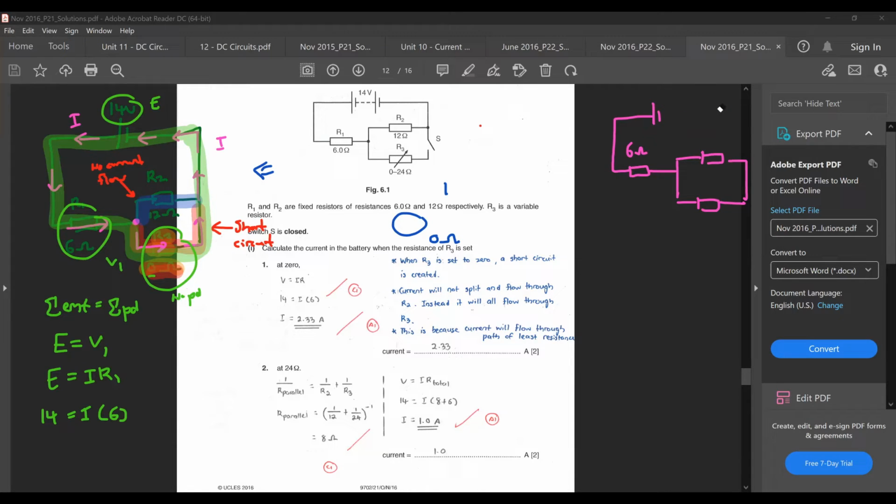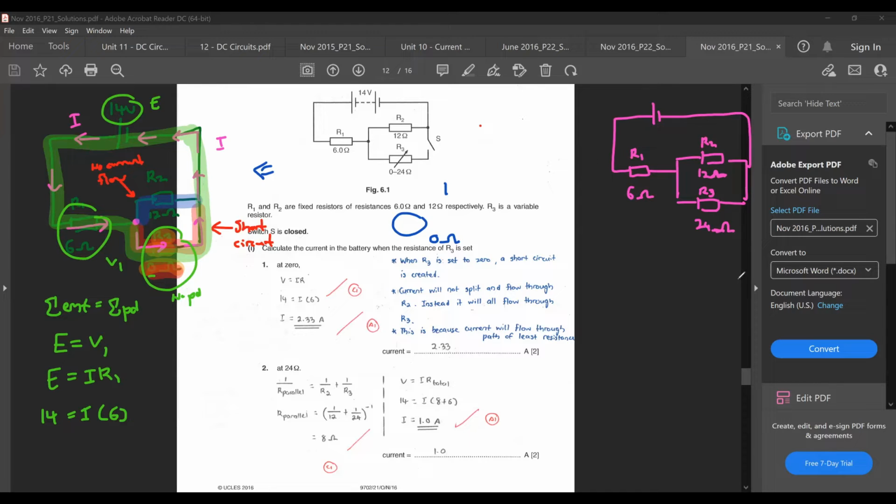This one is R1, 6 ohm. This one is R2, 12 ohms. This one is R3, 24 ohms right now. Okay, let me just get this sorted out.